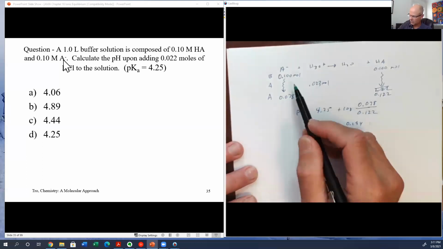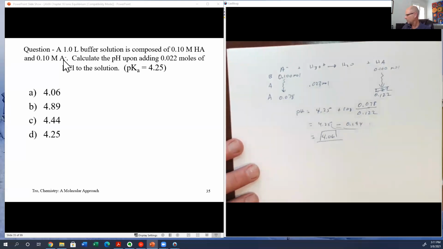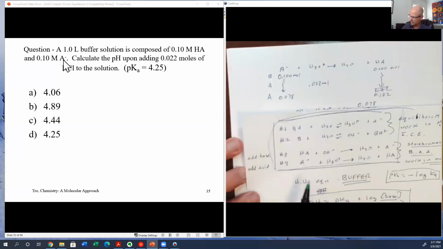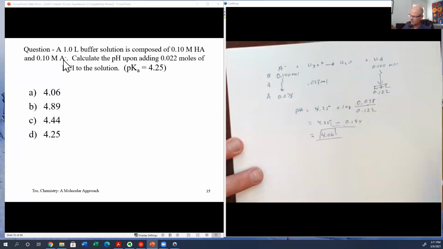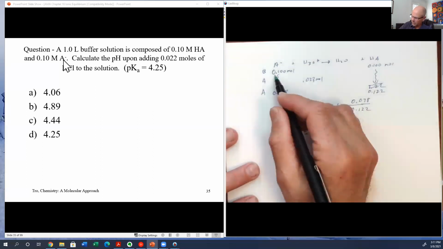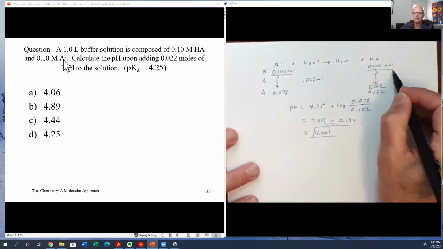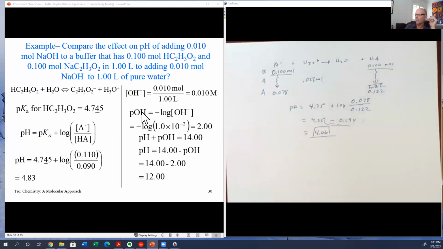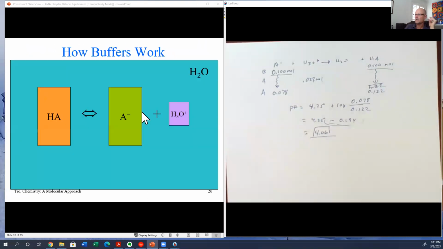Perfect, perfect. So you'll set up your problem like this, right? You'll use this equation. In this case, it's this one, right? And then you put in before your addition, you have equal amounts of both. And then you got to go back and think about what happens when I add an acid to a buffer. So let's go back to that real quick. Here's my buffer, right?